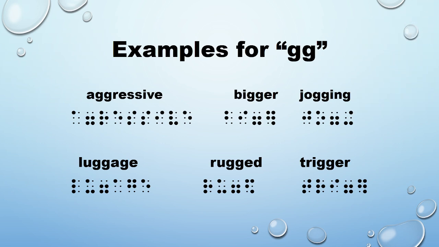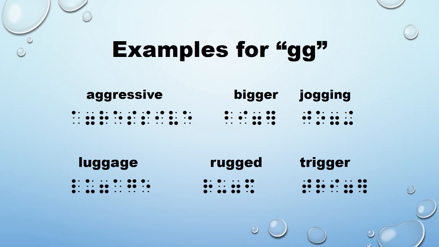Now let's take some examples for the group sign for GG. The first example here is the word aggressive. So we have two letter G's, so we can contract it just by using the lower G. That should give us fewer cells or fewer letters to write.